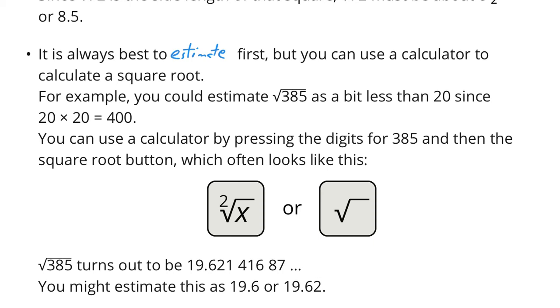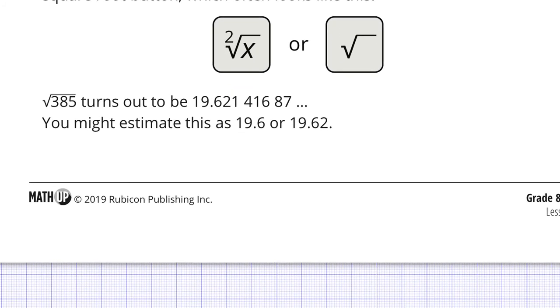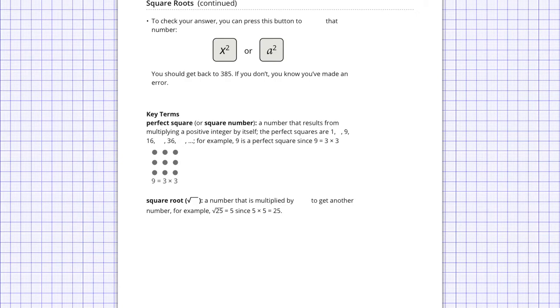You can use a calculator by pressing the digits for 385 and then the square root button, which often looks like this, right here. The square root of 385 turns out to be 19.62141687, etc. You might estimate this as 19.6 or 19.62.